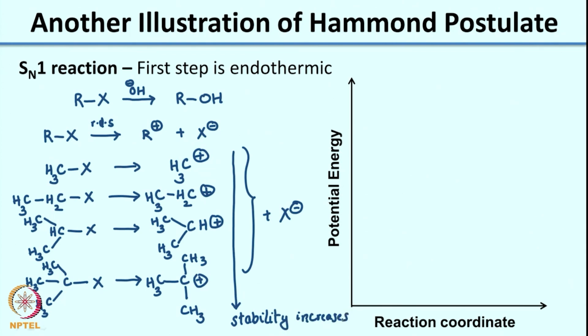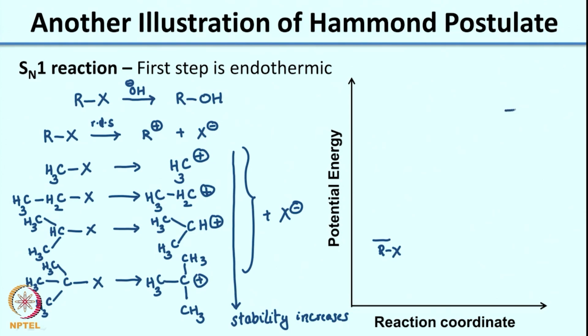So, now if I were to write the reaction coordinate diagram for this, what is known is that in the case of this reaction, the step is endothermic. So, what you would have is, if you have your reactant here, each of these processes is endothermic. So, let us look at the very first process.